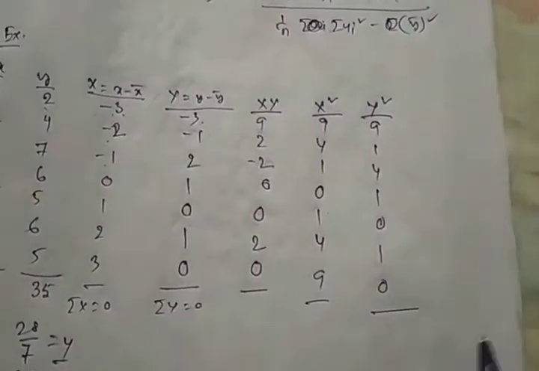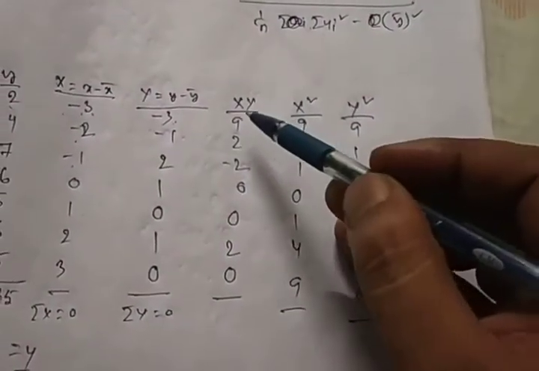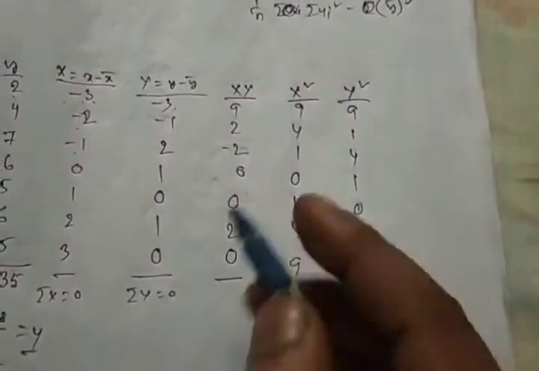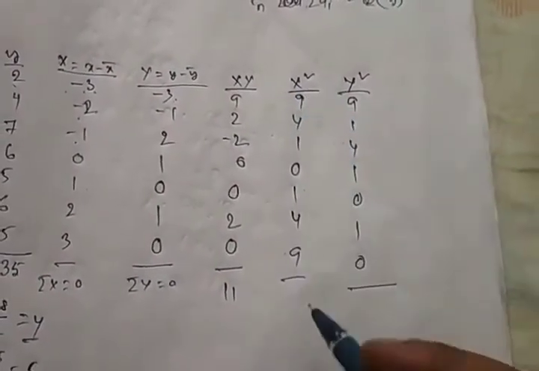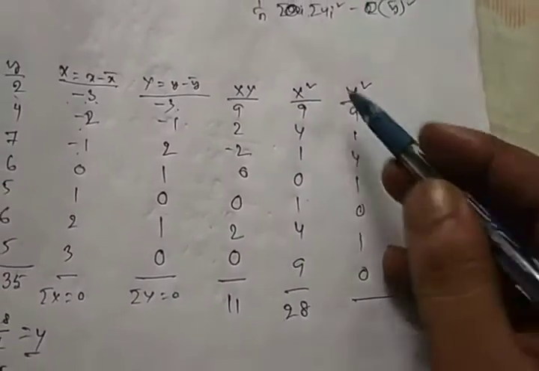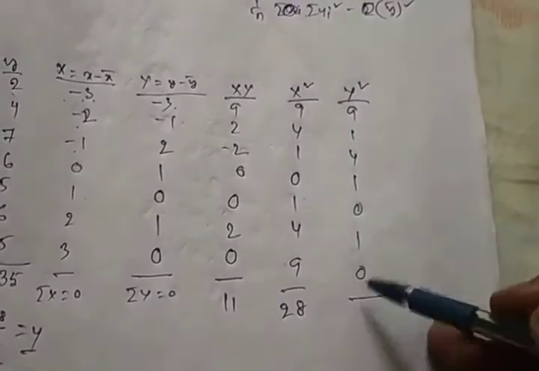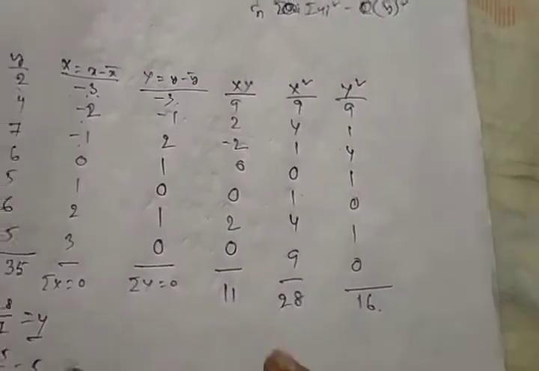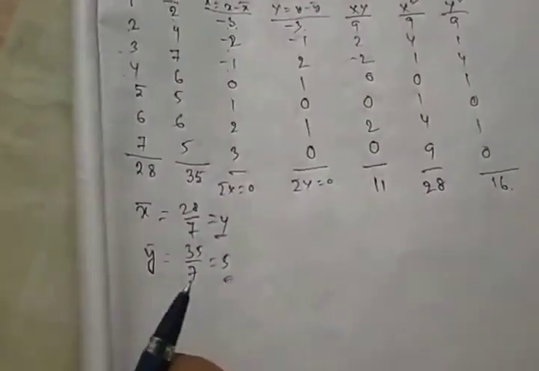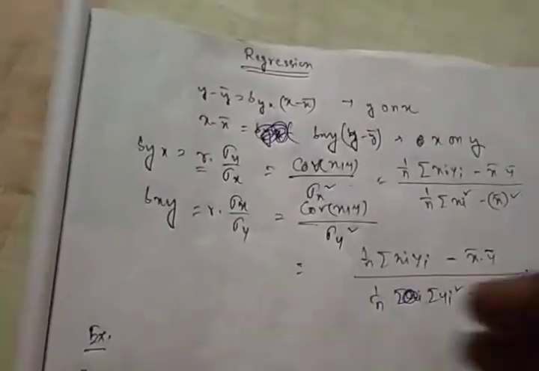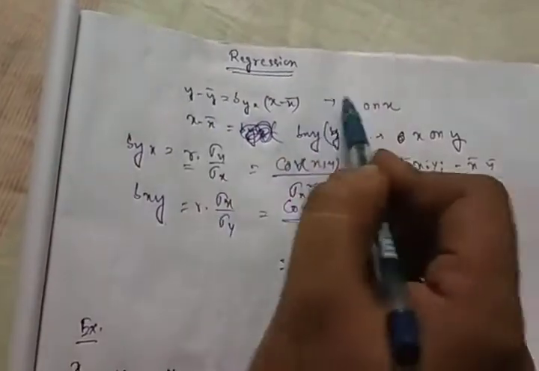Okay, so after summing up the numbers, we will get summation XY equals 11, summation X square equals 28, and summation Y square equals 16. So we have all the data we need to find the two regression equations. To find the regression equation of y on x, we need x bar and y bar, which we have already found.